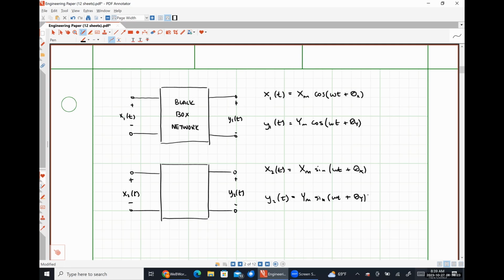The scaling property of superposition said that if we scale our input signal by an arbitrary factor, our output should scale by the exact same factor. Well, I'm going to scale this signal by j, which means my output should scale by j as well.